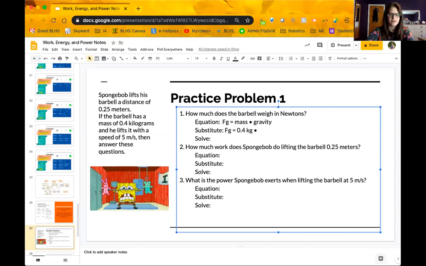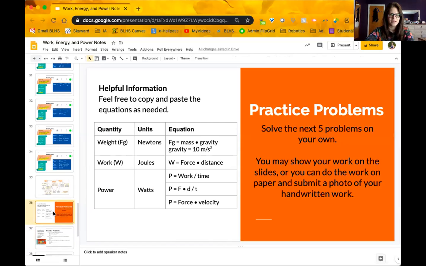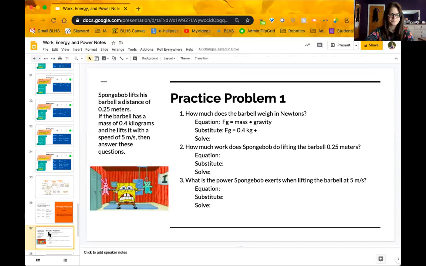And then it says times gravity, and remember that gravity on Earth is 10 meters per second squared.